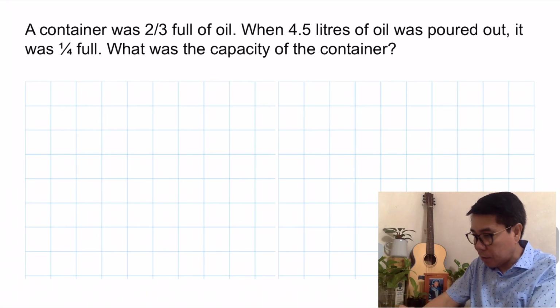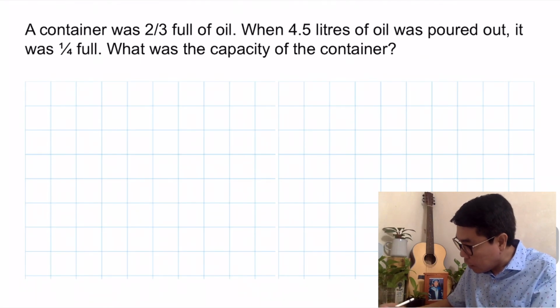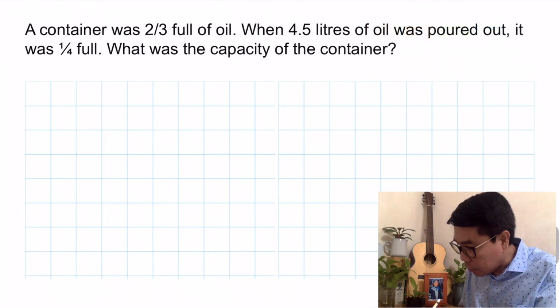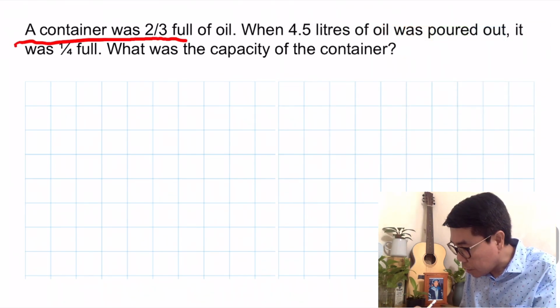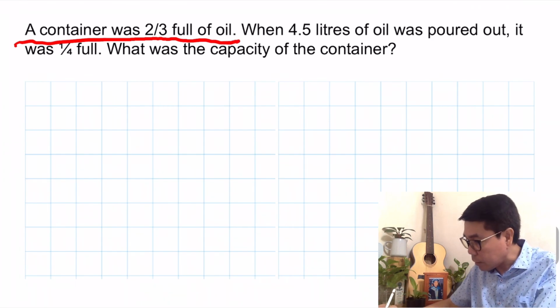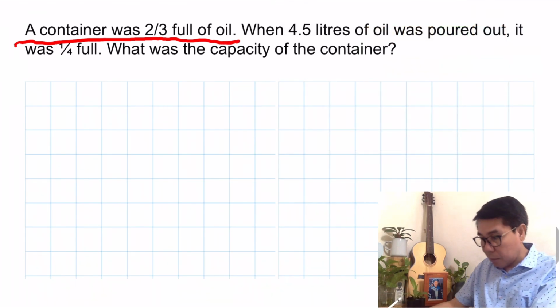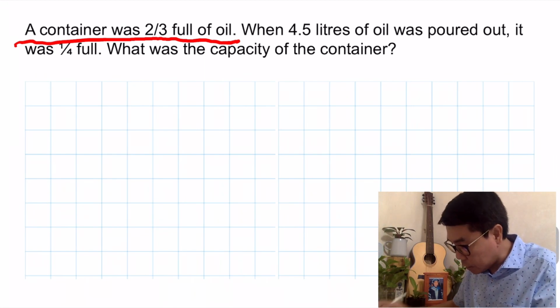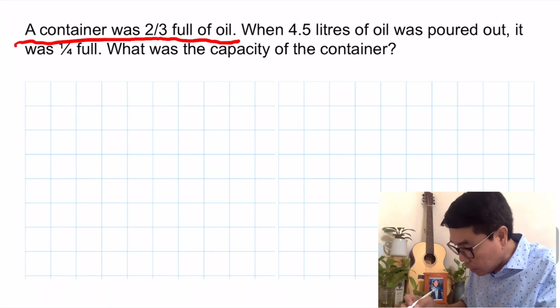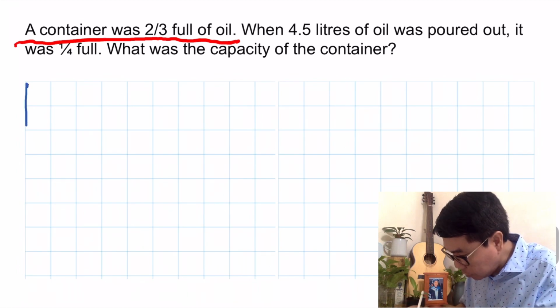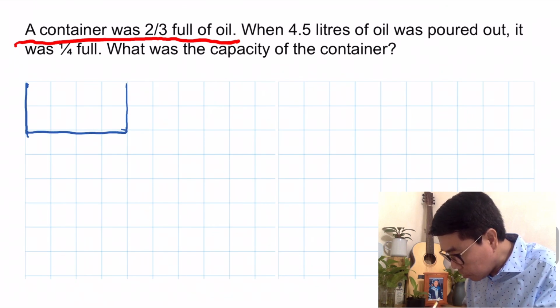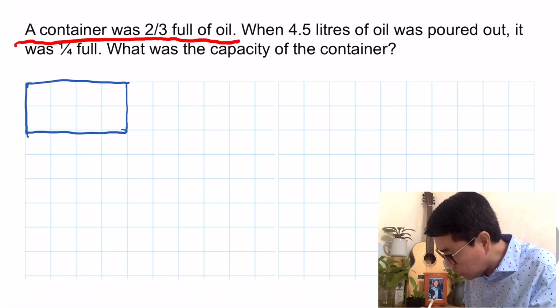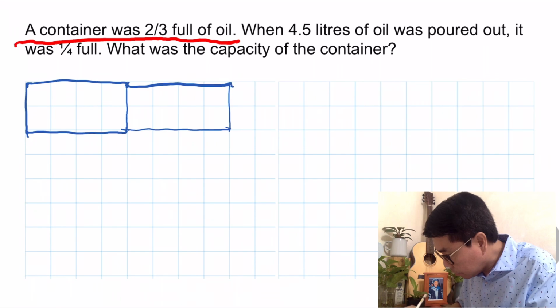The problem goes like this. A container is 2/3 full of oil. In the first statement, it's enough that I draw a model. I have to show 2/3, so I need to draw a model here. 1, 2, 3.